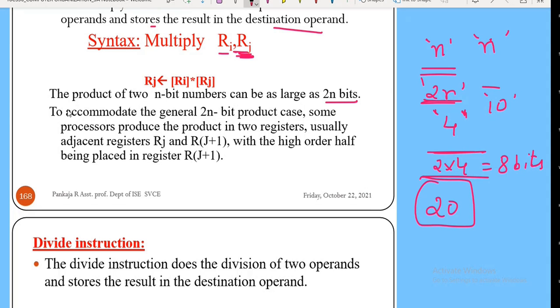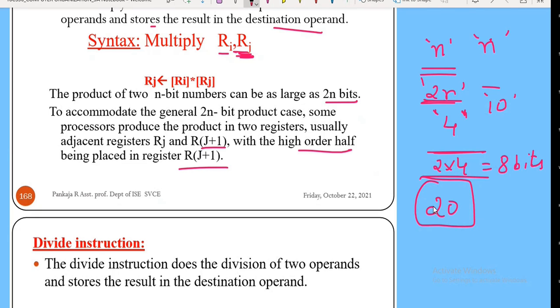So in that case, what to do? To accommodate the 2n bits product, the processor uses two registers, usually Rj and Rj plus 1, with the higher order part placed into Rj, and the remaining part of the product stored into Rj plus 1.